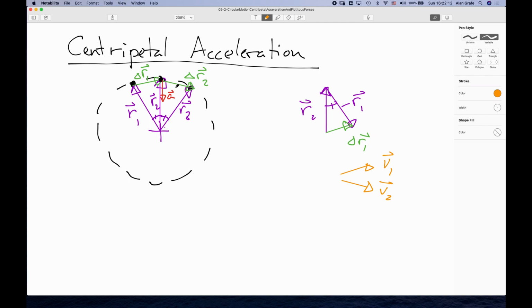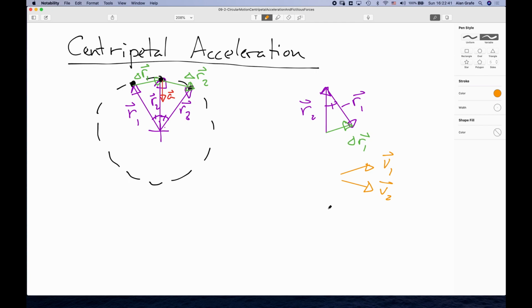And as we make the time intervals smaller and smaller, this position that we're considering will have to get closer and closer to the point we want to find the acceleration at. And similarly, this one will get closer and closer going the other way as we think about a sequence of shorter and shorter time intervals. But anyway, we can go ahead and figure out the direction of our acceleration.